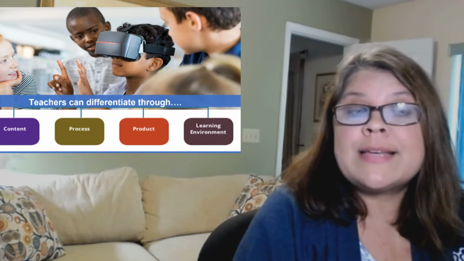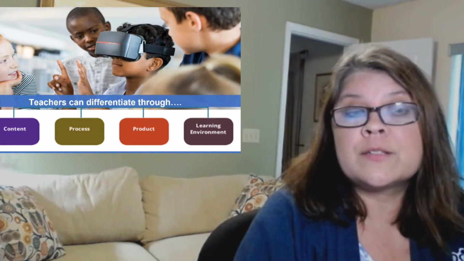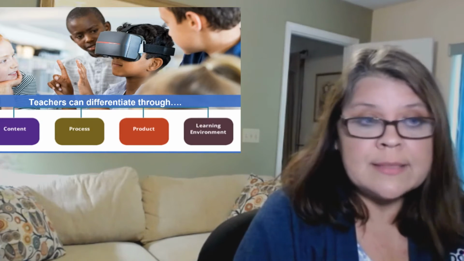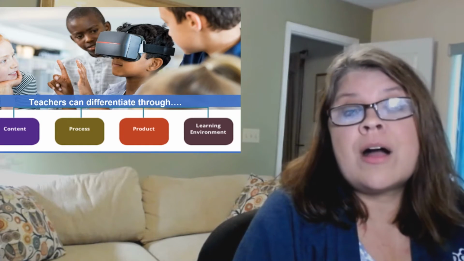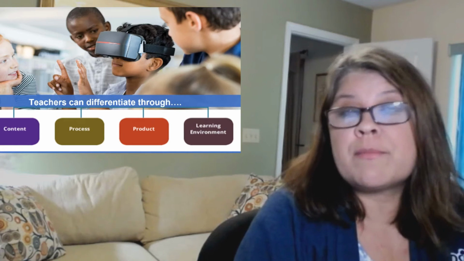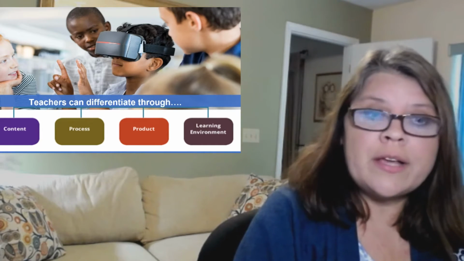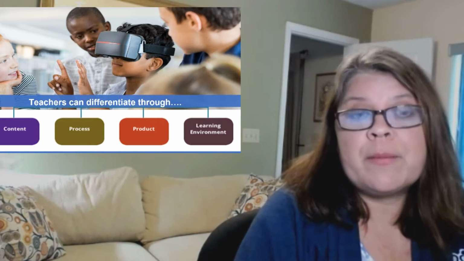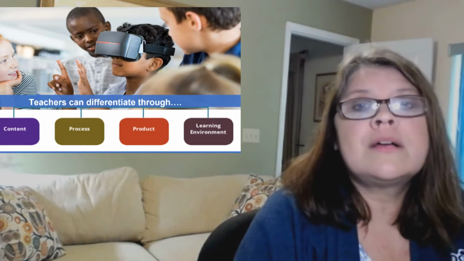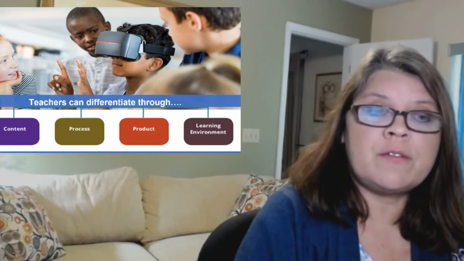So content is basically the knowledge and skills the students need to master. That's all it is. Process is the activities the students use to master the content. So for example, the archaeological dig for my son, that would be a process. Still getting the same material, but we're finding different things to make it interesting for him.